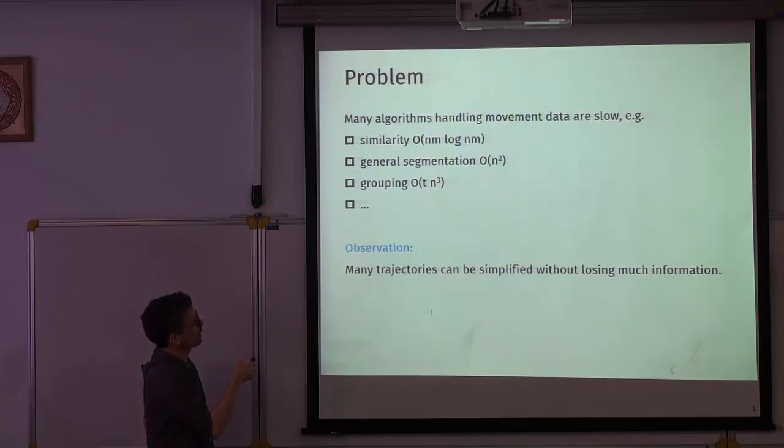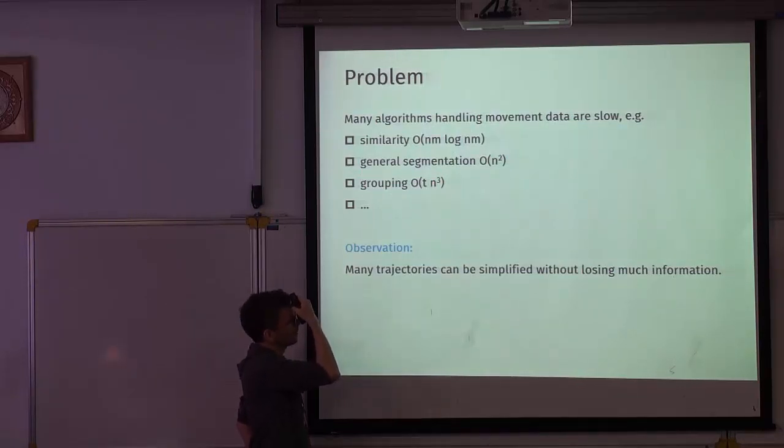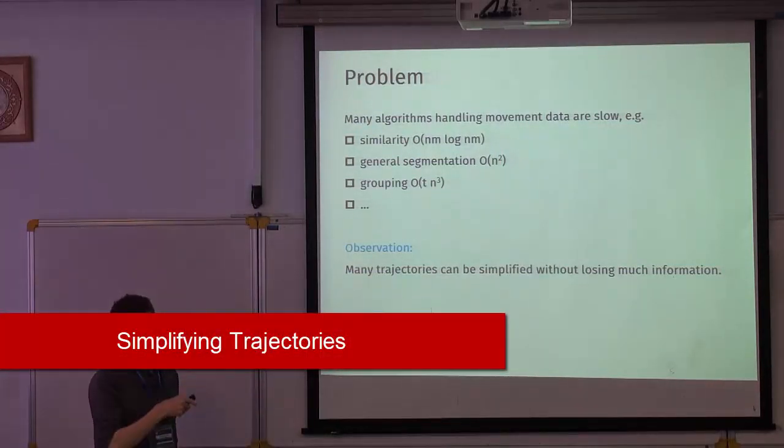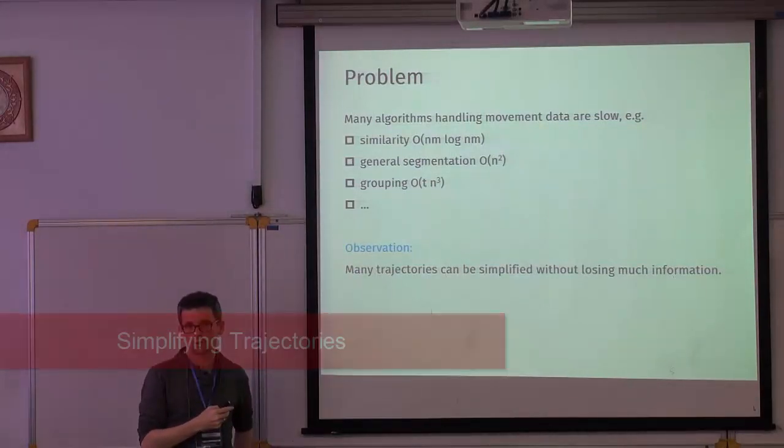More complex tasks are cubic. Then it's clear that we will not be able to perform these analysis tasks directly, at least not with these algorithms, on the data that I just showed you.